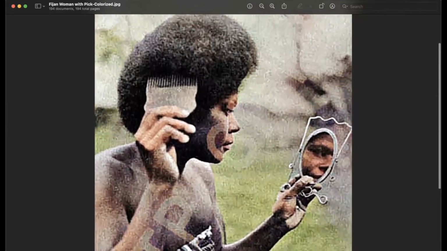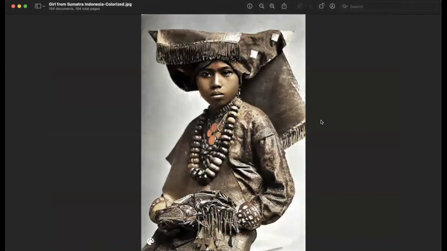All right, this is a Fijian woman. Awesome pic right here. This girl is from Sumatra, Indonesia. They wore these type of headgears, looking like one of the Star Wars characters from a different planet, right? But that's what I'm saying. Where do they get the ideas in those movies, right? Just from the tribal people of this earth.